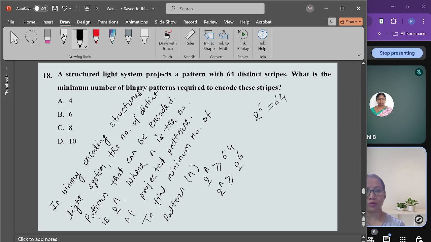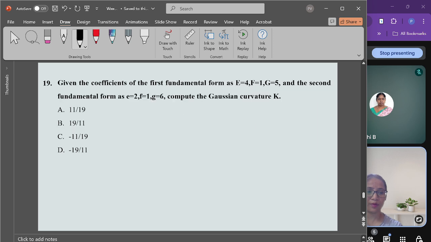So n, what we have got, n is equal to 6. So the minimum number of binary patterns required to encode these strips, that is n is equal to 6. Okay, so option B is the correct answer for this question. Okay, I hope you have understood this question. So now moving to our next question.